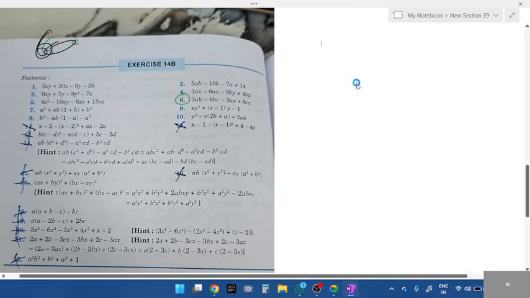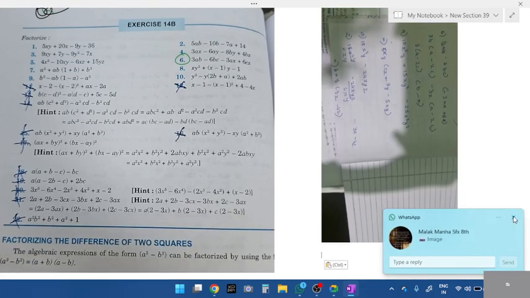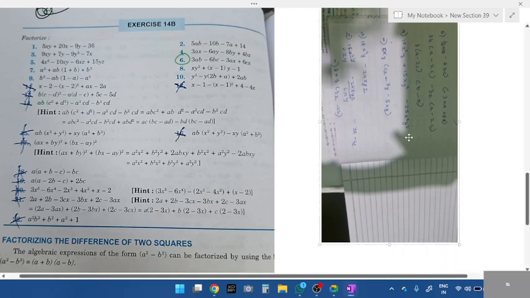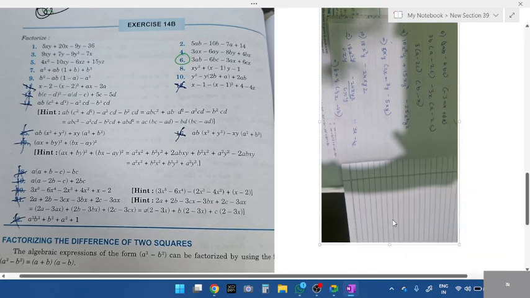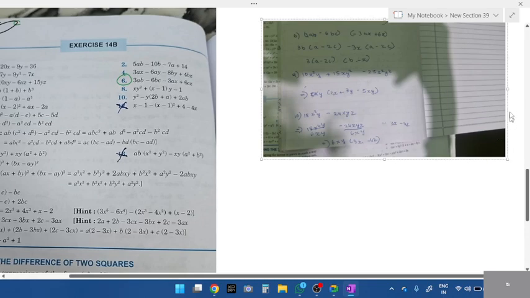Done? Okay. Complete. All of you complete. I'll check. Malak and Mana, is this homework? What is it? I got it, Malak. Yes. Thank you. I got that.